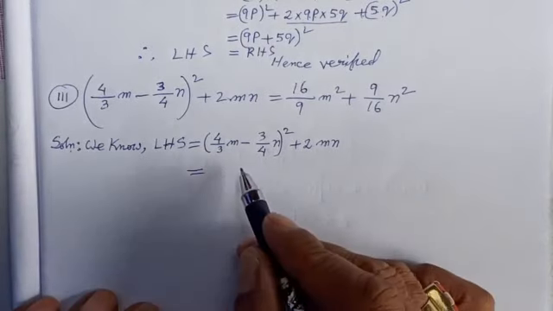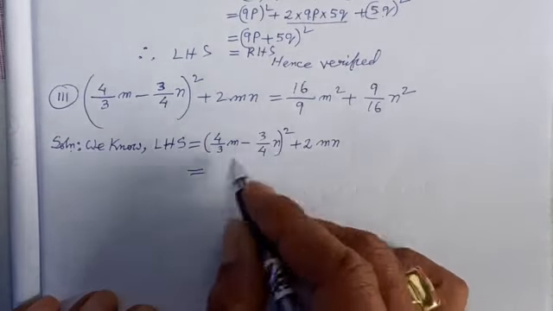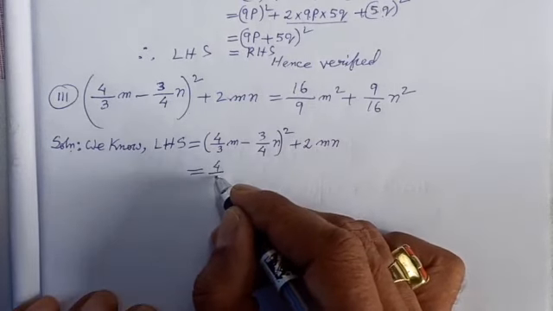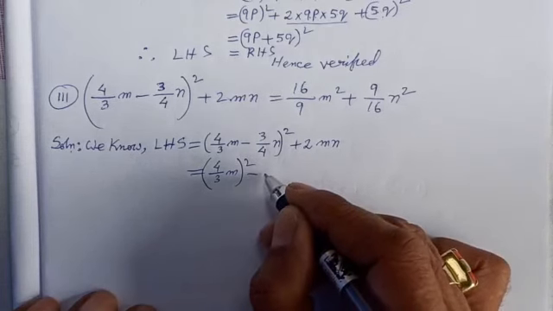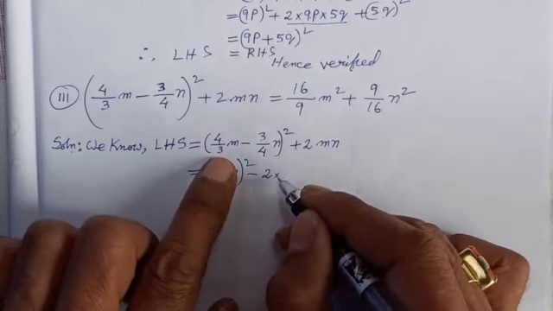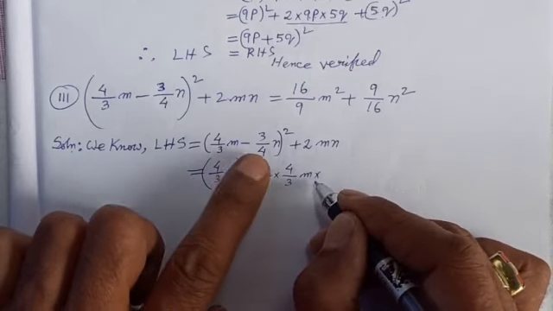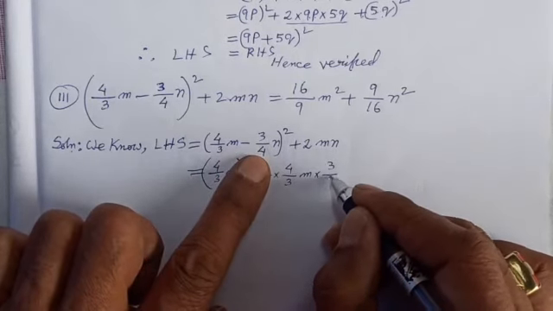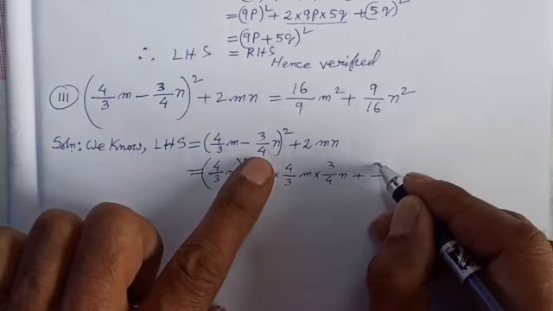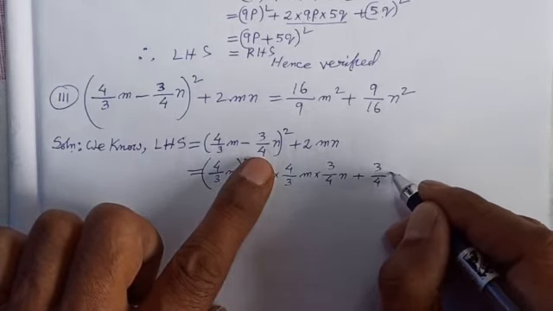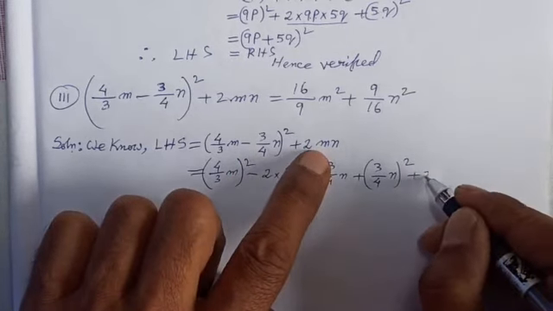If we use the identity a minus b whole square, we can write this as 4 by 3m whole square minus 2 times 4 by 3m into 3 by 4n plus again 3 by 4n whole square. After that we have to write down this 2mn.